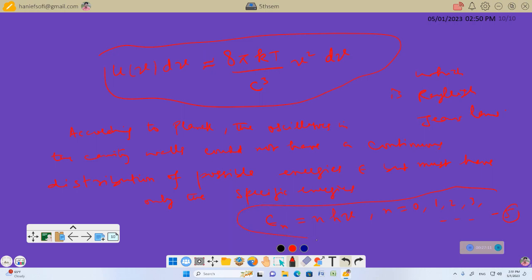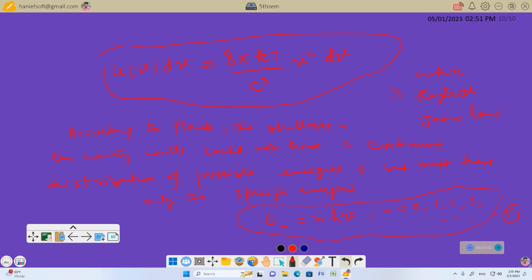So, this was the main correction done by Max Planck. It was not a classical idea, it was against classical physics. In classical physics, oscillators can have any energy, but he used his guesswork and restricted the oscillator energies by this condition En equals n h nu.